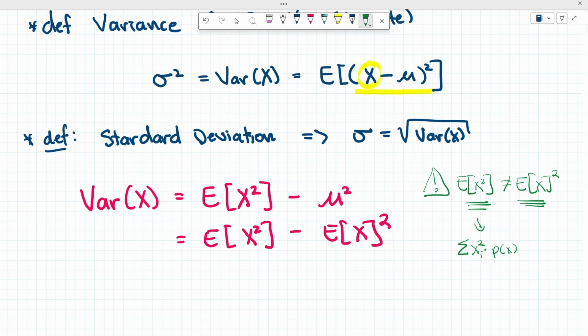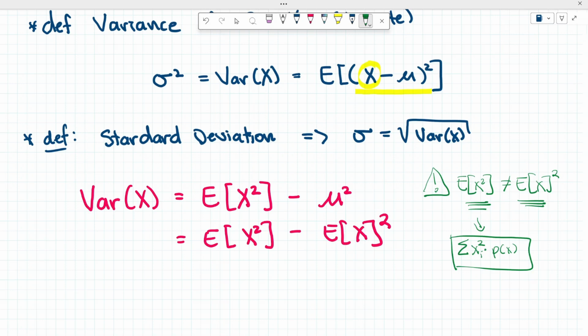This is just another way to represent our variance, and it is often used a little bit more and is a little bit easier to calculate. You just take the same definition as before, but you square that additional x value while you're doing the sum for each term. Okay, so that is our variance and our standard deviation.